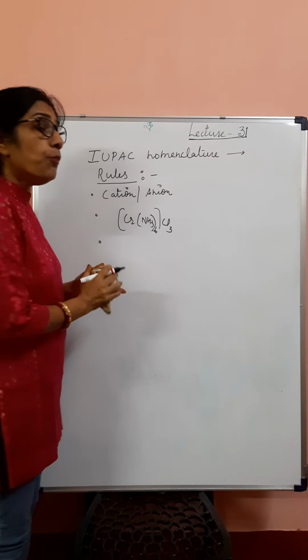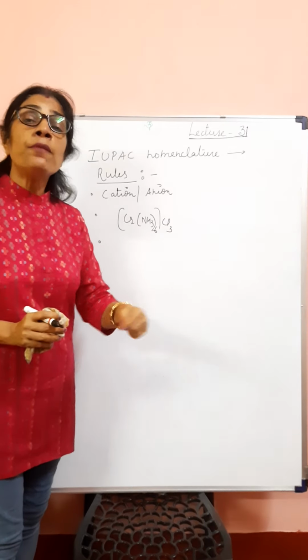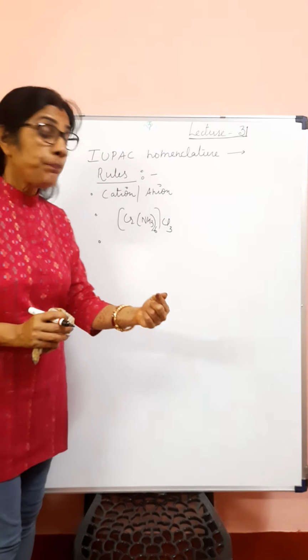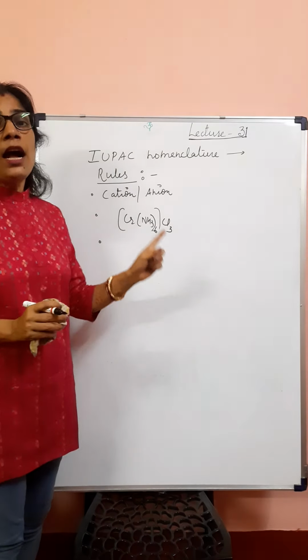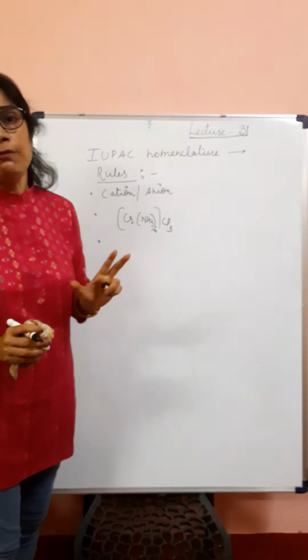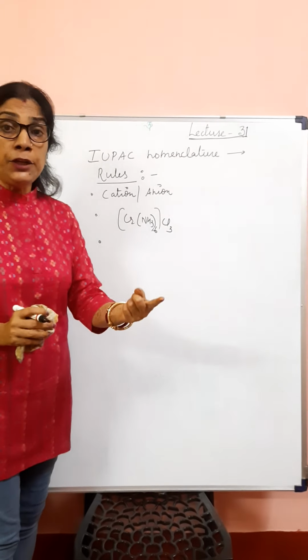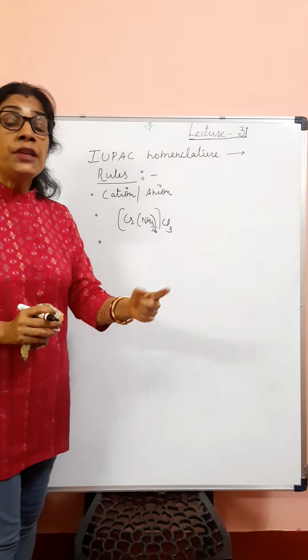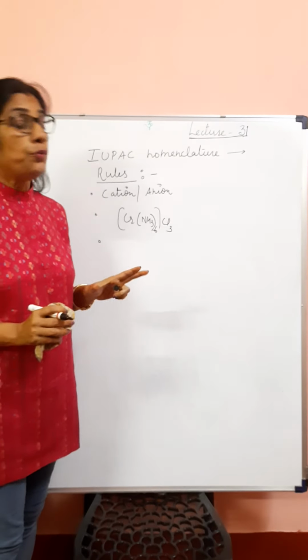Now, if there is more than one ligand of the same type, then the prefixes di, tri, tetra, etc. will be used, like dicyanido, trihydroxido, disulfato, and so on.